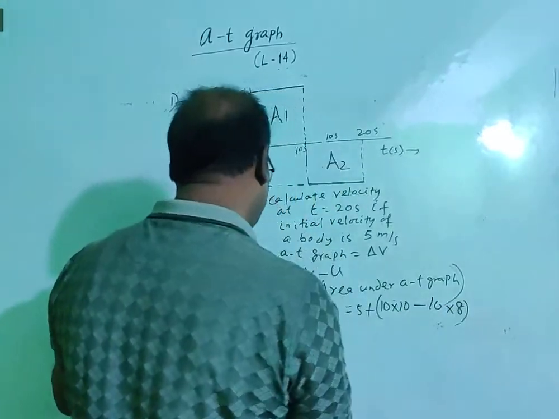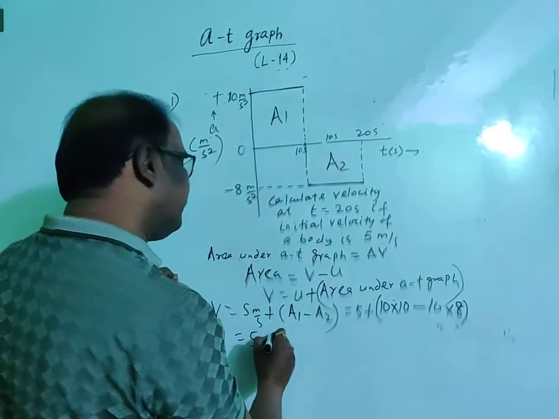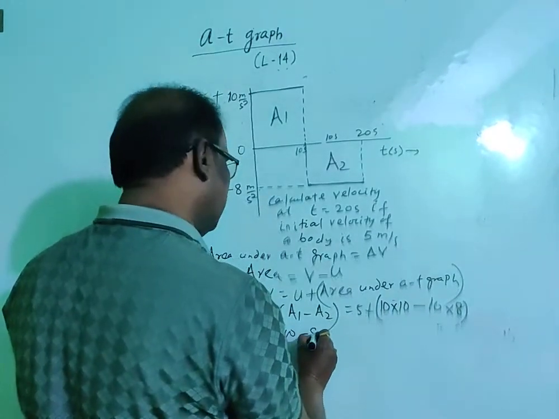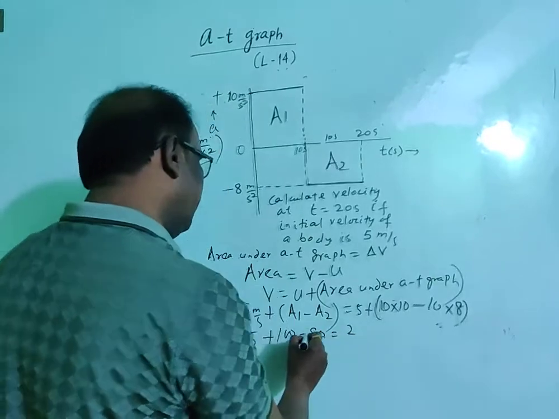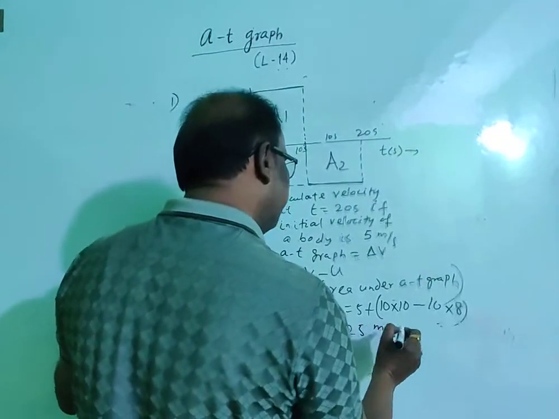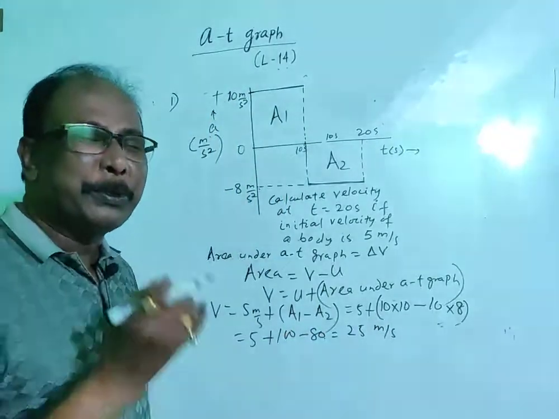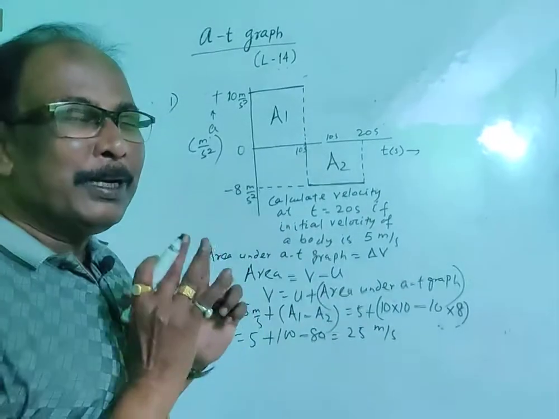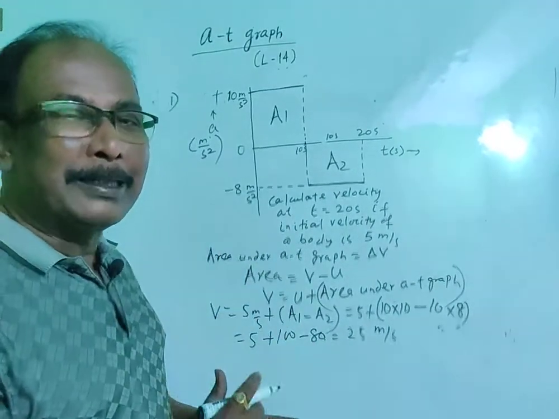Calculating this, it is 5 plus 100 minus 80. 100 minus 80 is 20, 20 plus 5 is 25, and the unit of velocity is meter per second. Thus the velocity at 20 second is 25 meter per second.